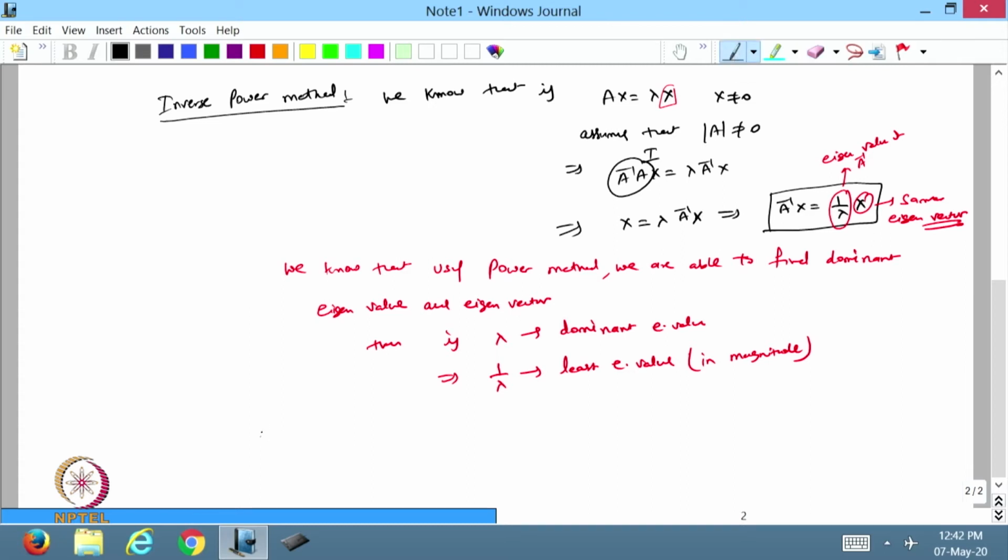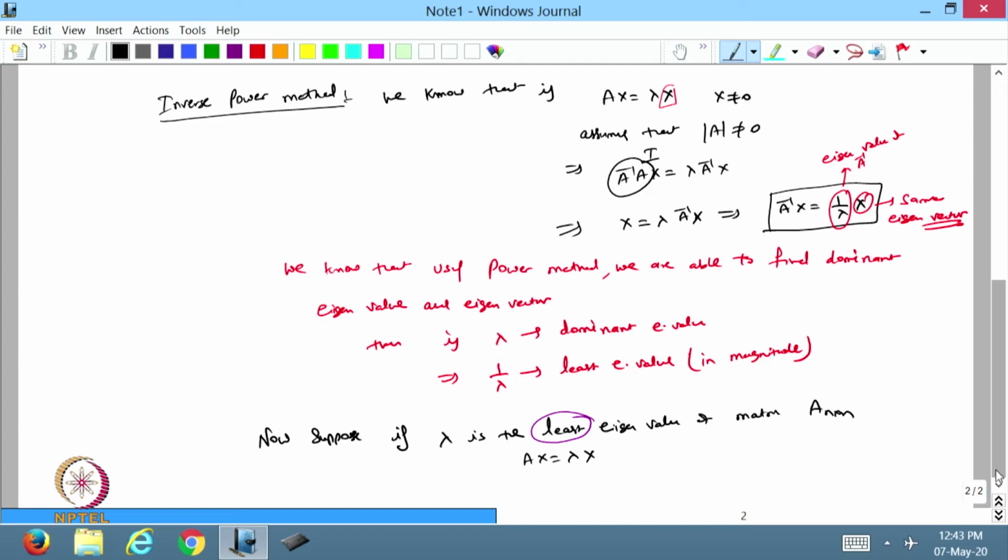Now suppose lambda is the smallest or the least eigenvalue of matrix A, that is n cross n, that is, A x is equal to lambda x. Now I am considering that this is the least or the minimum eigenvalue in magnitude.